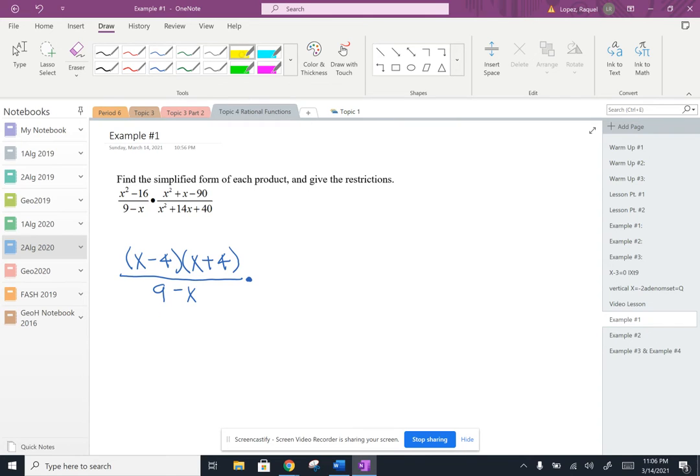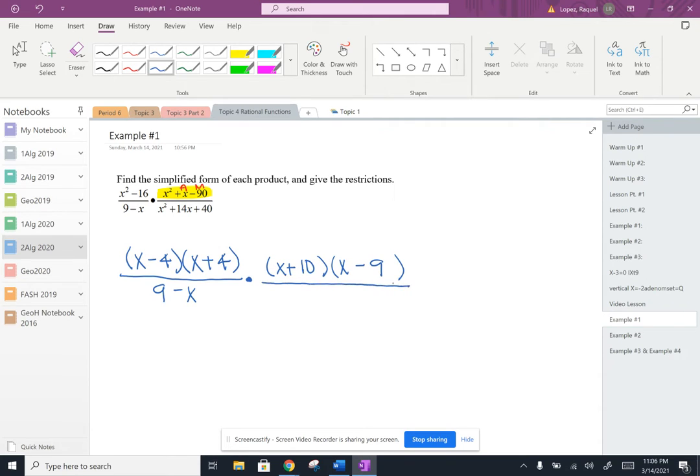In the numerator, I see that I've got this quadratic. To factor, we're looking for two numbers that add to positive 1 and multiply to negative 90. The two factors that satisfy both of those conditions are x plus 10 and x minus 9.